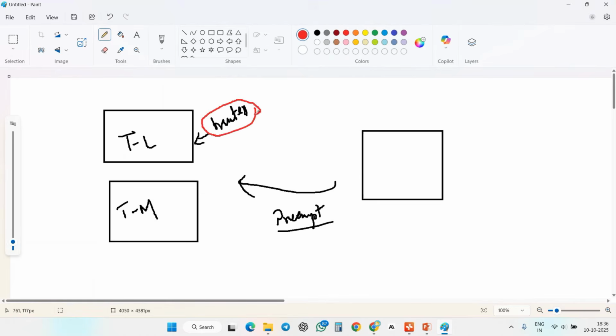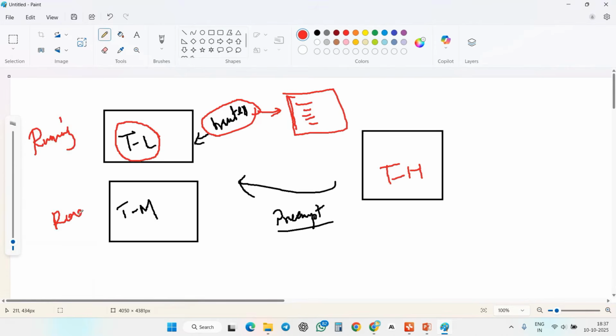But whoever holds the mutex is the only one that can access all the resources in the registers. When the mutex is released by the lower priority task, whoever takes the ownership of this mutex can access all those things. Currently, in the priority inversion case, the mutex is held by this lower priority task, which is in the running state, the medium priority is in ready state, and the higher priority is also in ready state.